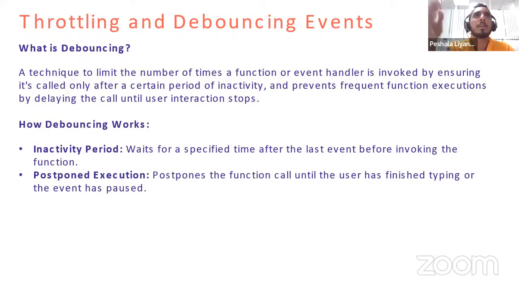So you can use like 300 milliseconds or 600 milliseconds in order to do the next search API call. So that's what this does. You can use these debouncing methods to cater to those kinds of requirements, even input validations.